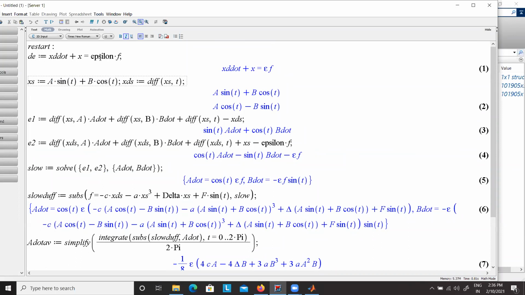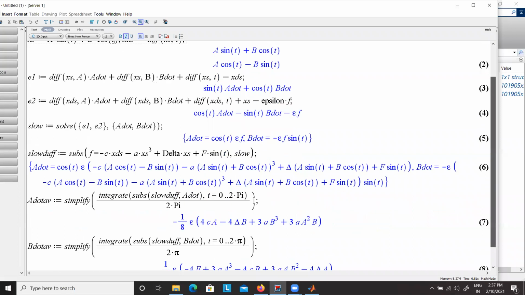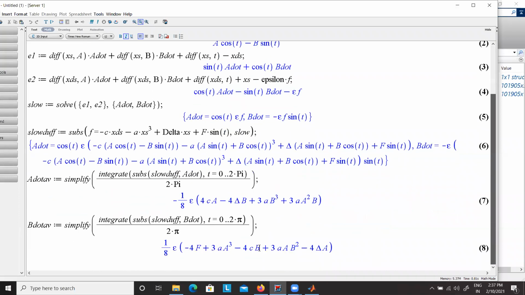Because epsilon is not 0, it is still A sine t plus B cos t, with A and B varying with time but slowly. The variation of A and B with time has an average part which is slow plus an oscillatory part which is fast. The oscillatory part will be averaged and removed, and then the average parts of A and B are changing like this. Clear so far?